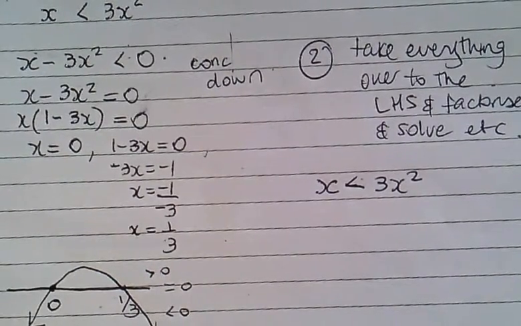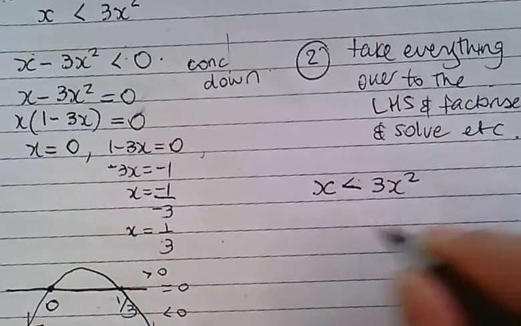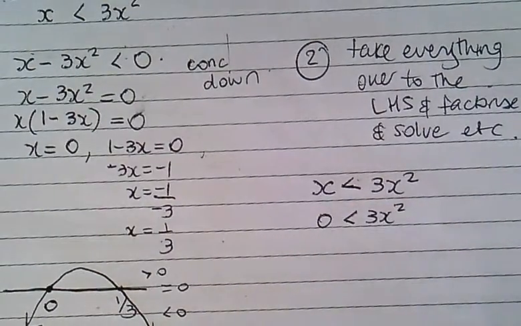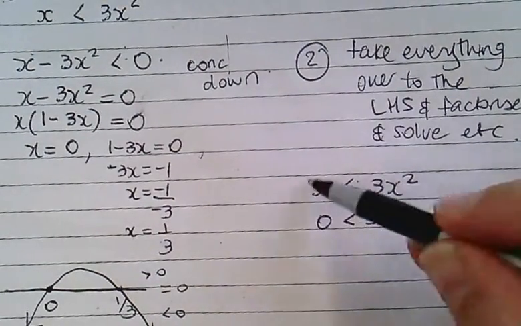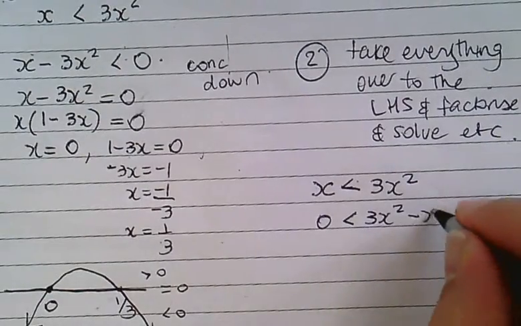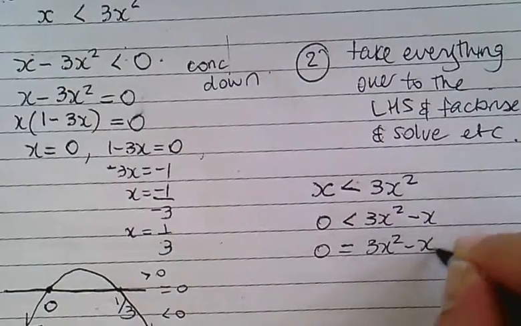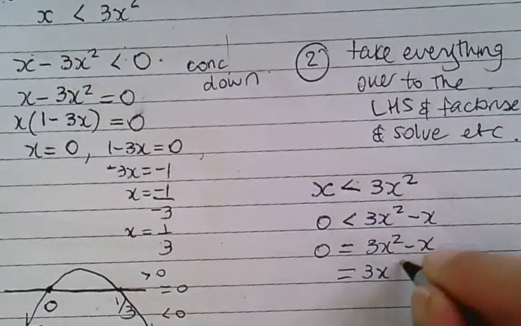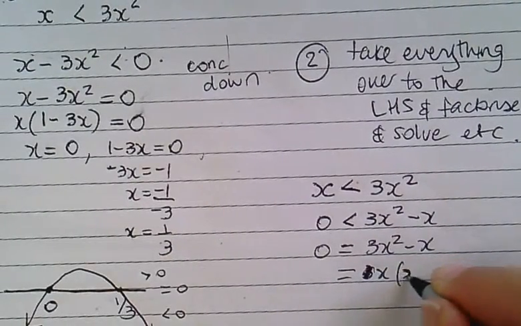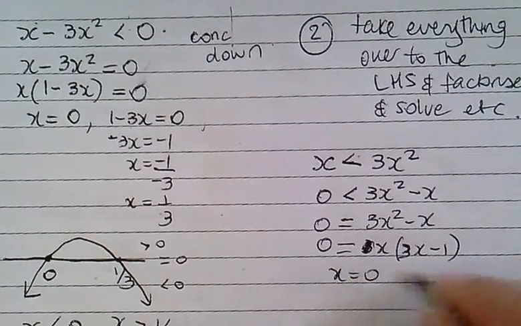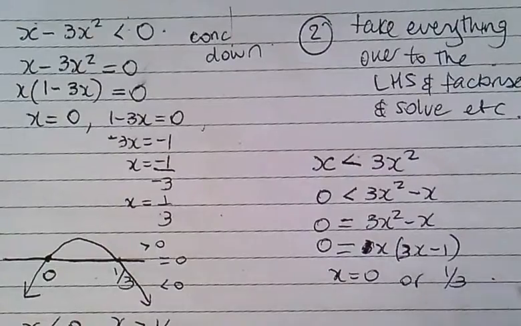A lot of people don't like a negative in front of the x squared. So let's say I decided I don't want a negative in front of the x squared. I'm going to put the 0 here. What do I get? 3x squared what? And I still solve this with the equal 0, and I get x, 3x minus 1, and I get x is 0 or a third, right?